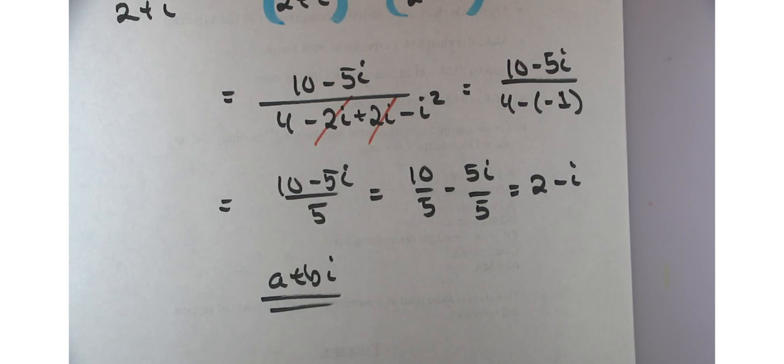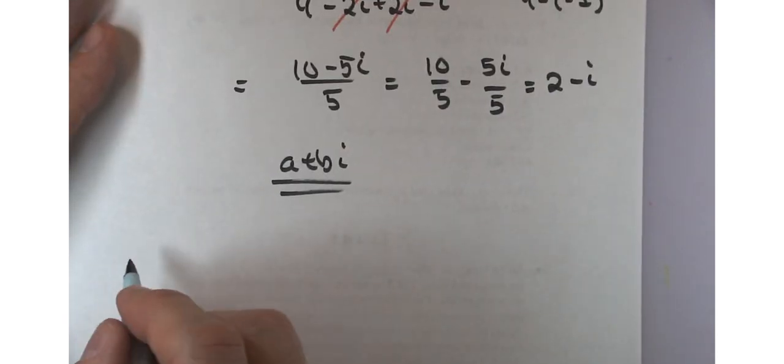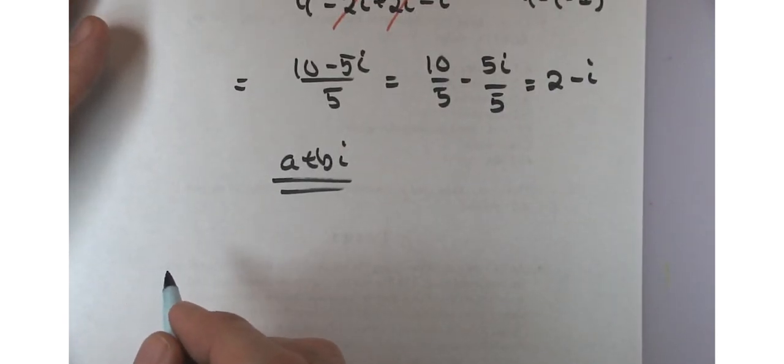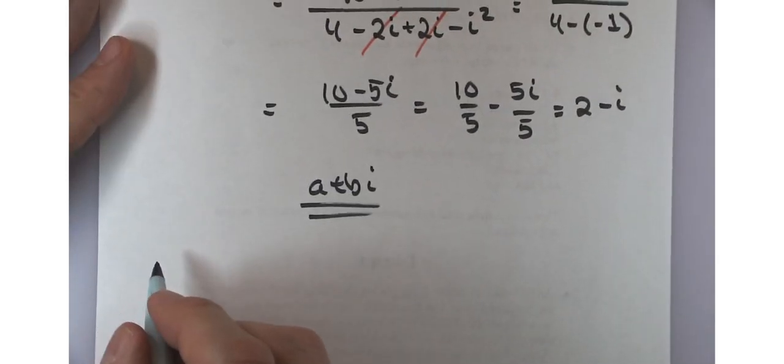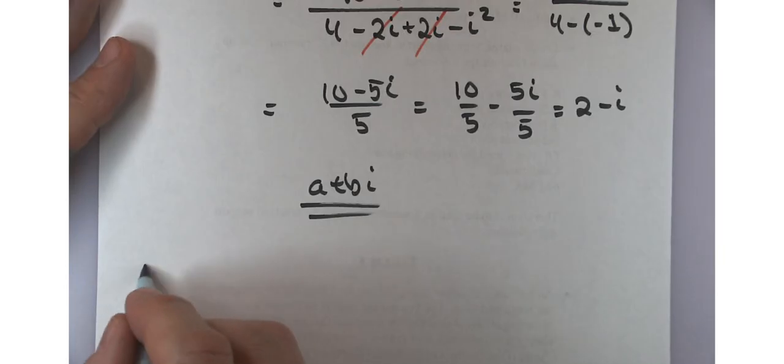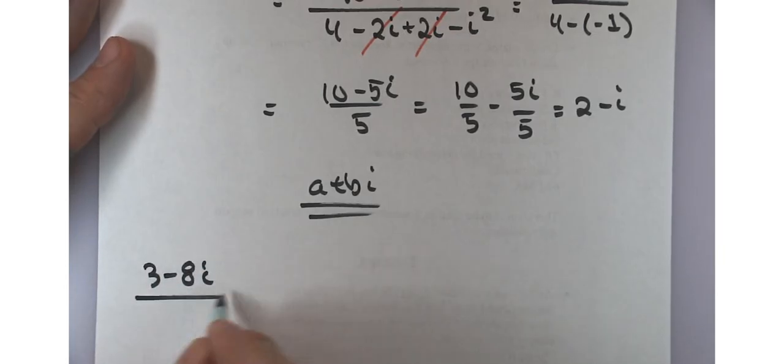All right, let's take a look at one last example. That's going to look like this. 3 minus 8i over 1 minus 3i.